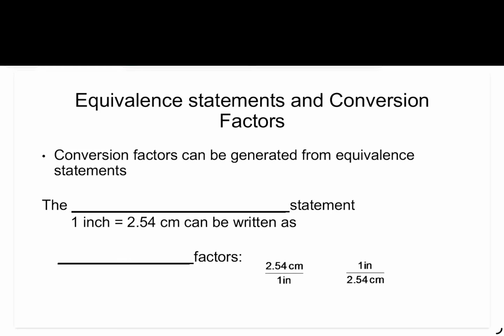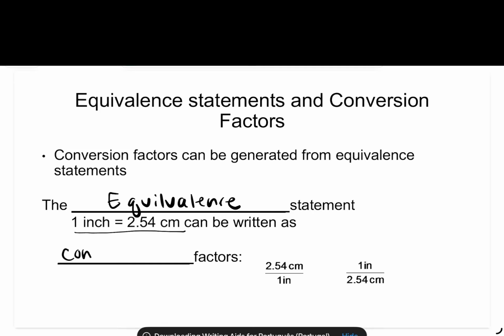I mentioned equivalent statements and conversion factors. A conversion factor can be generated from an equivalent statement. The equivalent statement will have an equal sign in it. So an equivalent statement, 1 inch equals 2.54 centimeters, can be written as conversion factors. And you can write two of them.